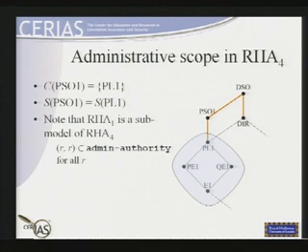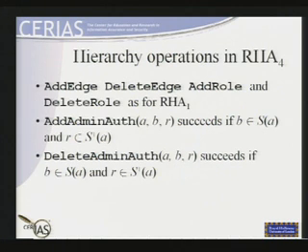Now, an interesting point to note is that RHA1 is actually a special case of RHA4, because what you can do is simply define for each role in the hierarchy the pair RR. Okay. So hierarchy operations work just the same.